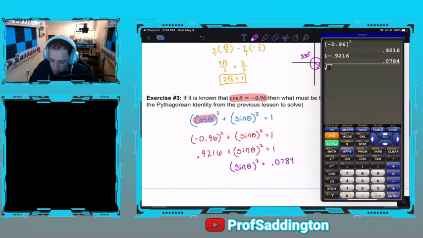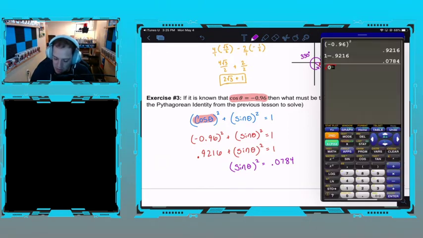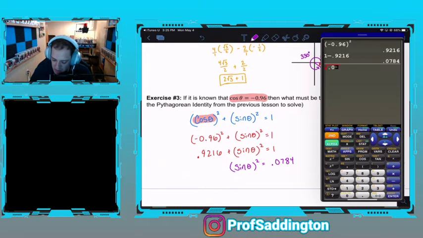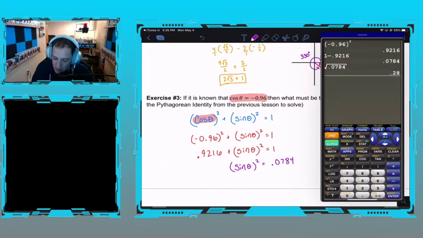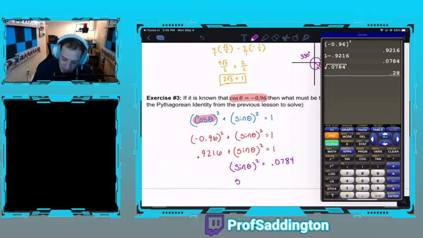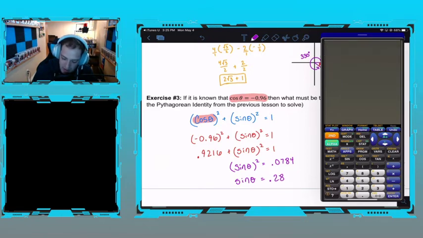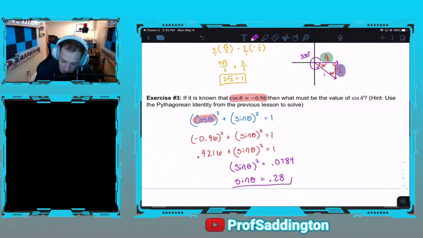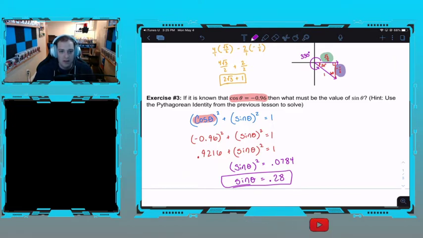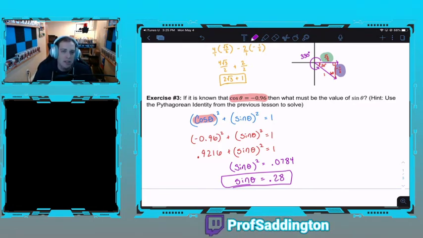If I square root 0.0784, the answer for sine theta is going to be 0.28. Sorry, my fingers are too big. So all I'm doing is using the Pythagorean identity, plugging in the information I have, and trying to get the other trig function all alone.